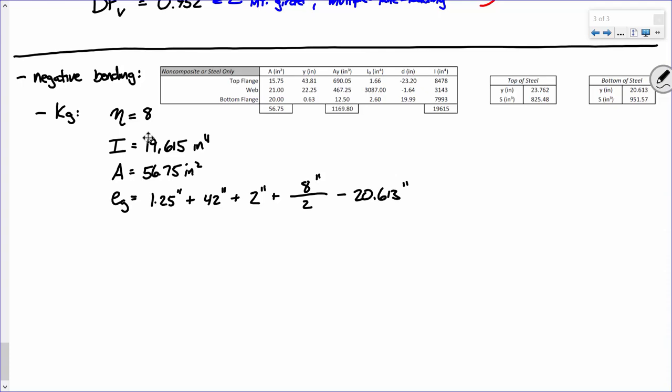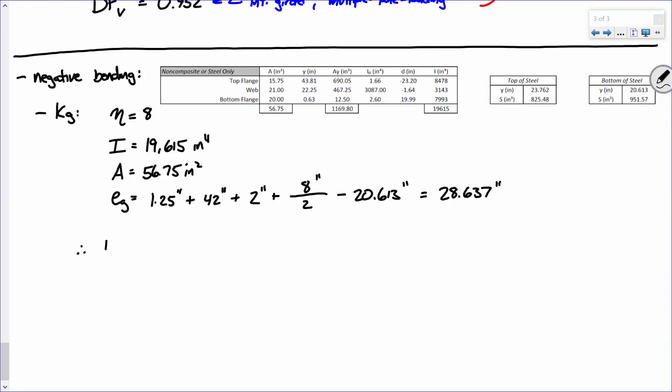You know, from the bottom of the section to the centroid, or from the centroid to the bottom, either way you want to look at it, that's that 20.613. If you want, we can just take that divided by that, however you want to do it. Plug and chug, what does that give you? 28.637 inches.